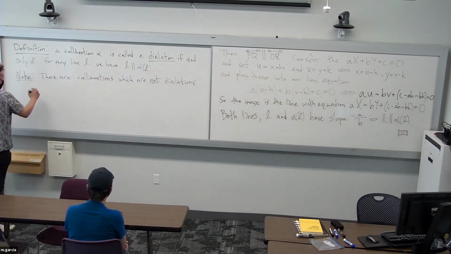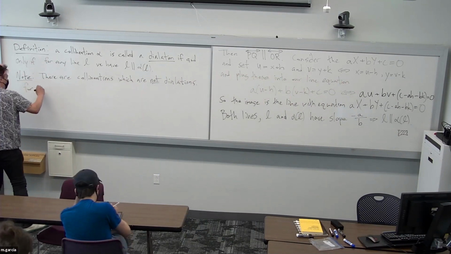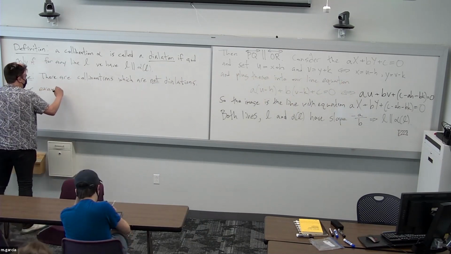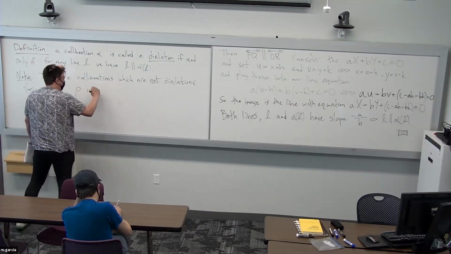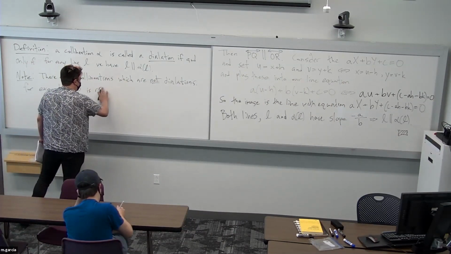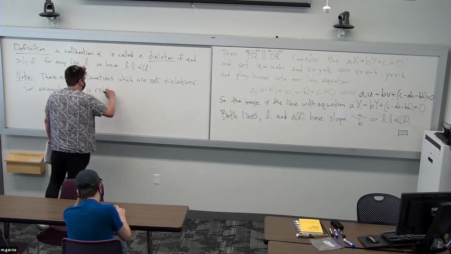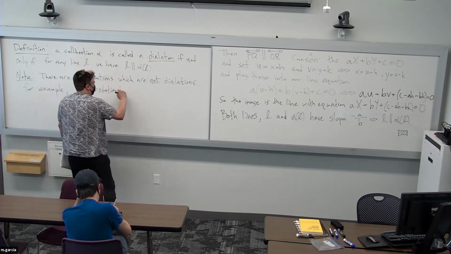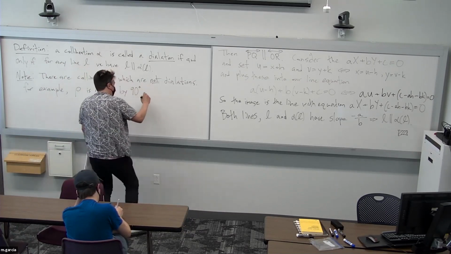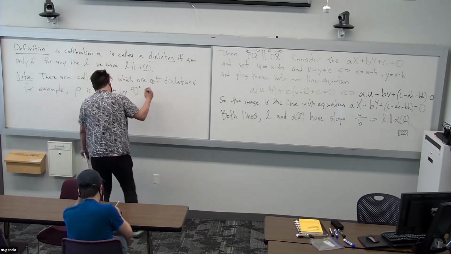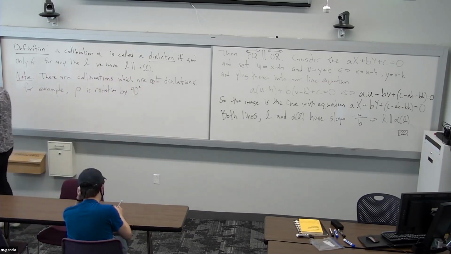Good. For example, if rho is rotation by 90 degrees, this is a collineation that is not a dilation.